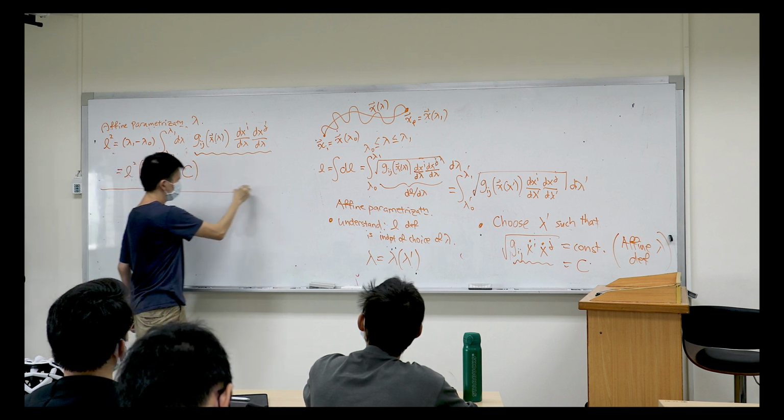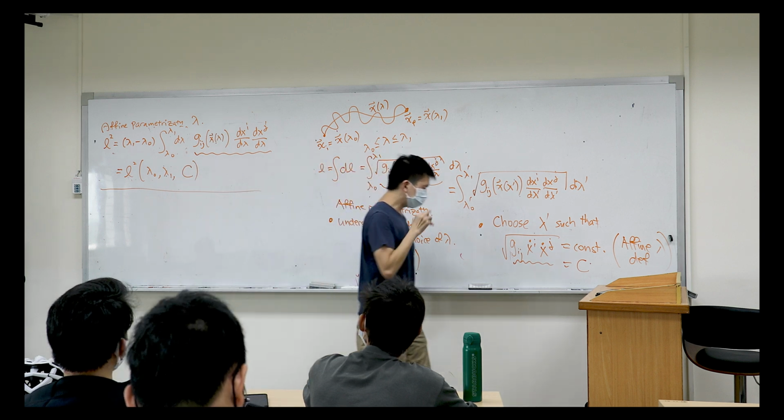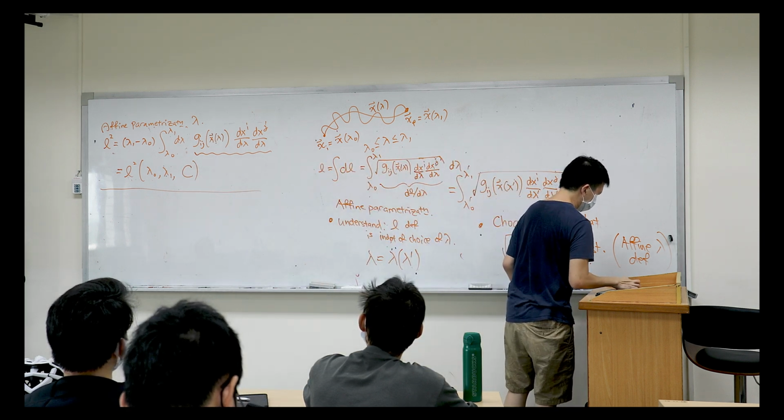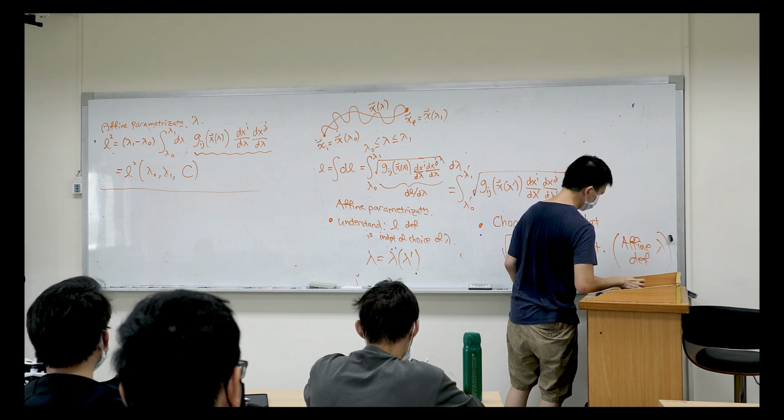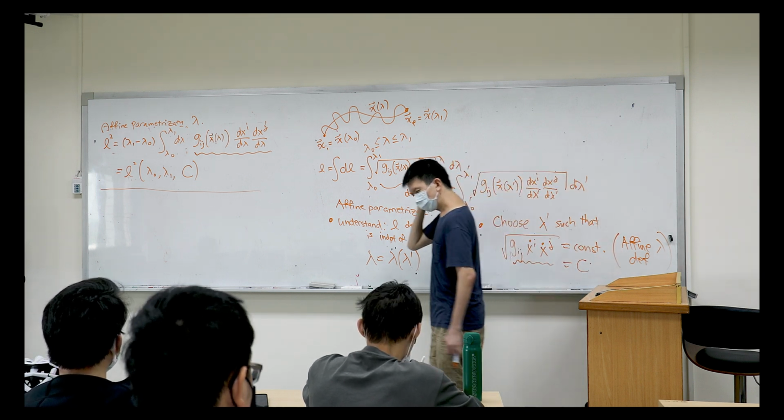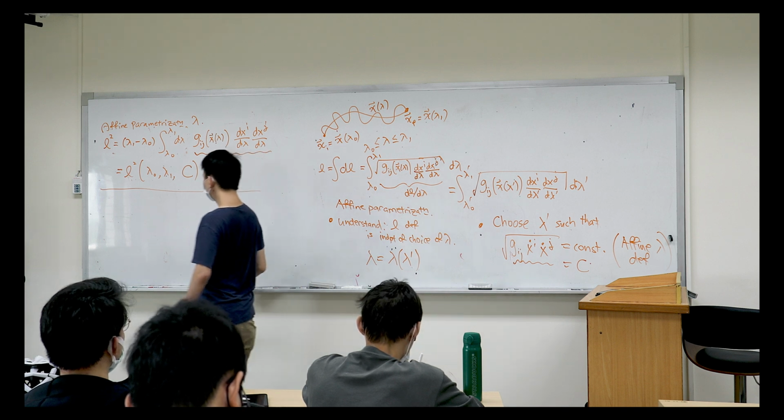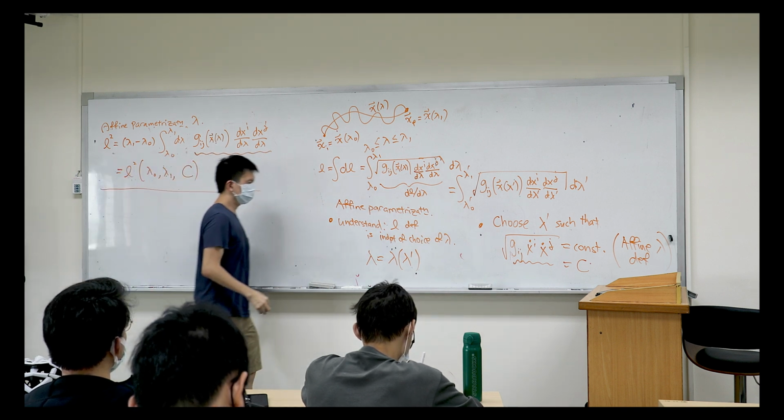You discover this for yourself. This is a homework problem. But I claim it can always be done. And in many situations, this turns out to be very useful. Okay. Any questions for me?